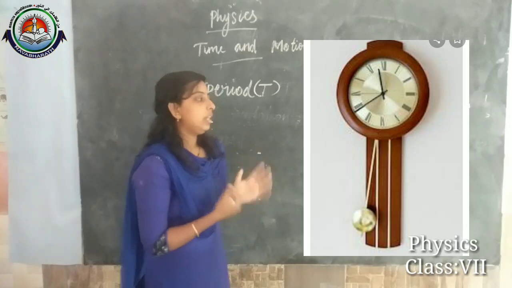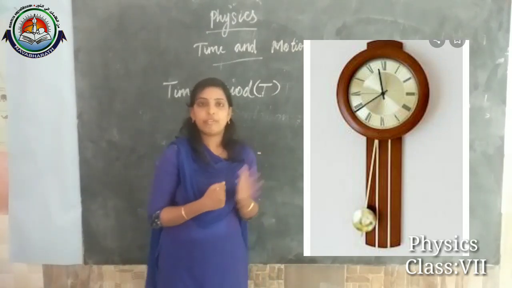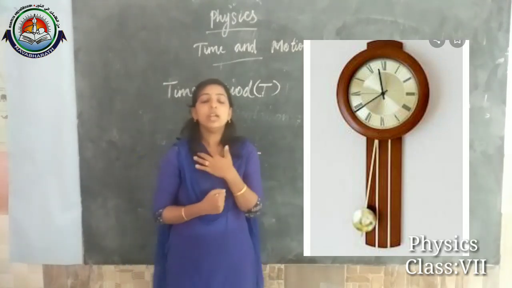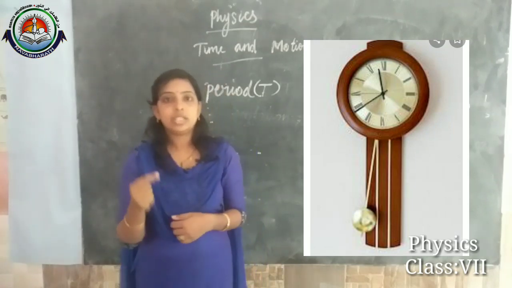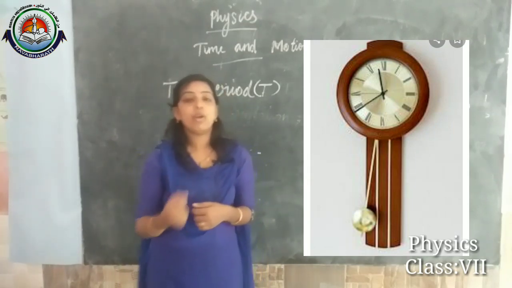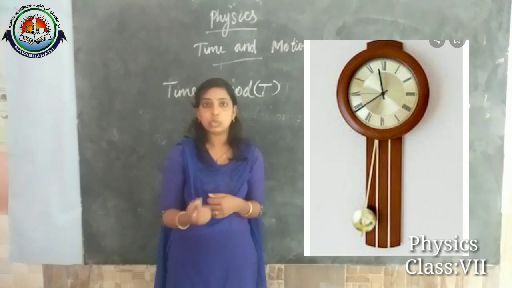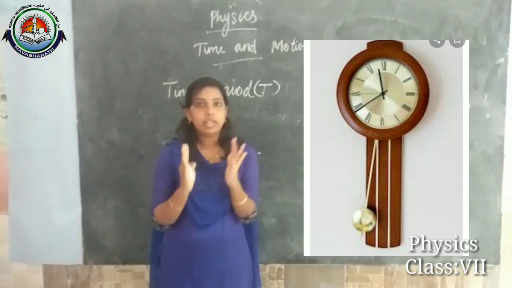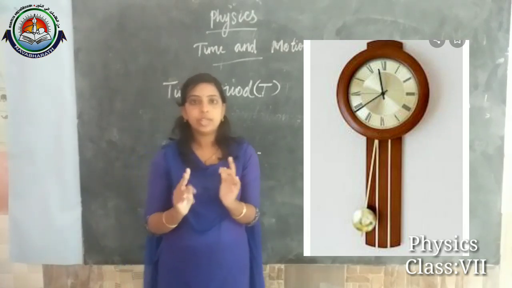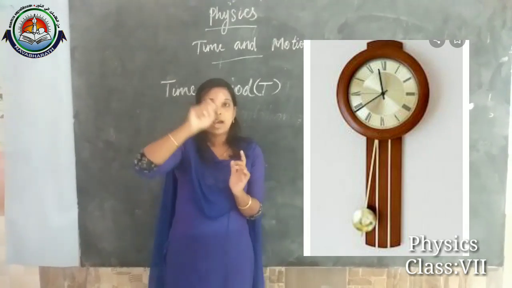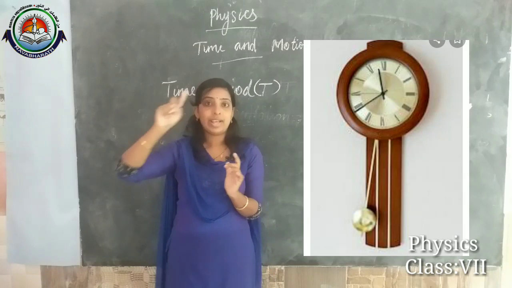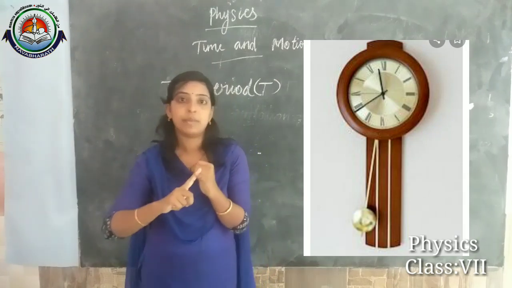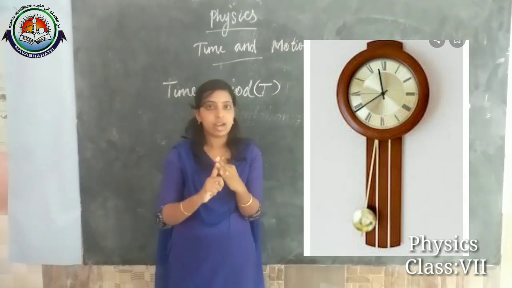Here you can see the picture of a pendulum clock. The principle of the simple pendulum is used in pendulum clocks. If we consider a clock, it has some arms or hands like minute arm, hour arm, second arm.